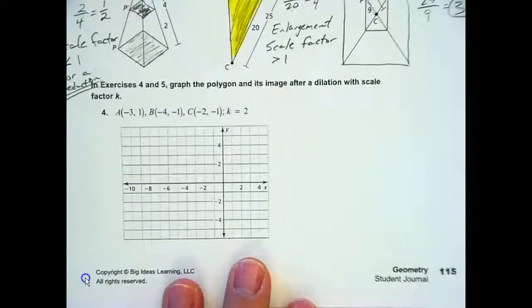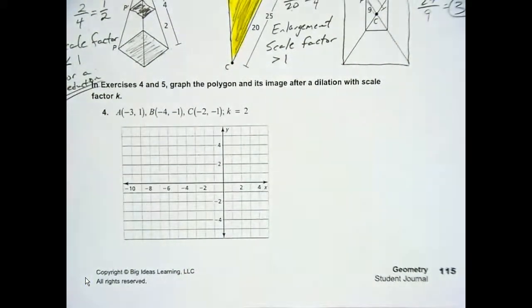Okay. Hey guys, I found that this book kind of does a poor job at telling you where your center of dilation is. If they don't tell you where the center of dilation is, always assume it's at the origin. They don't tell you that on this.